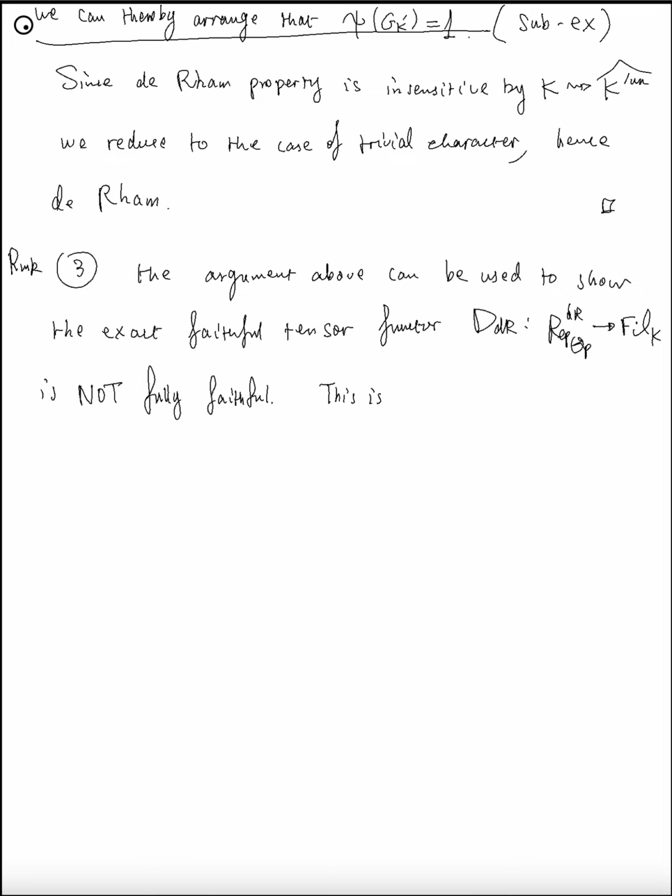This is caused by losing information, related to the fact that we lose information between good reduction and potentially good reduction.